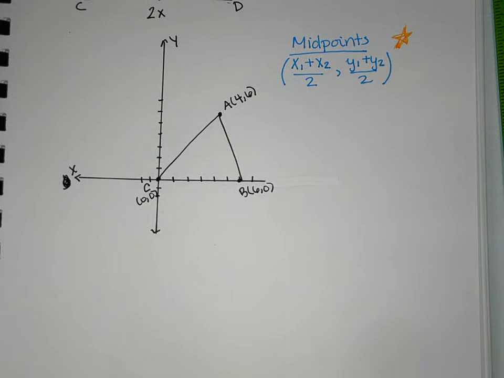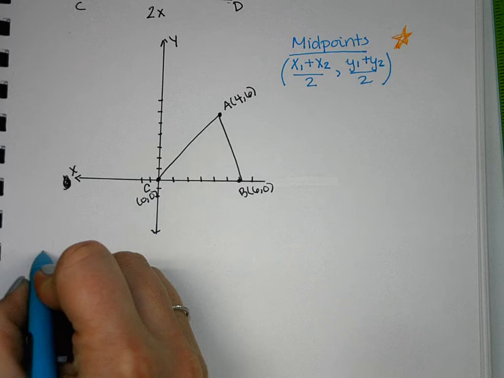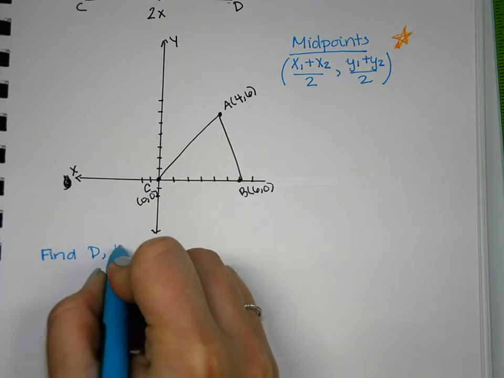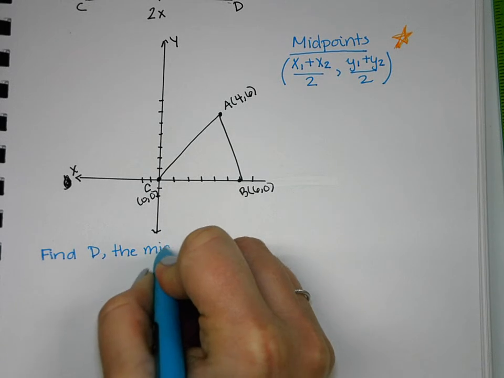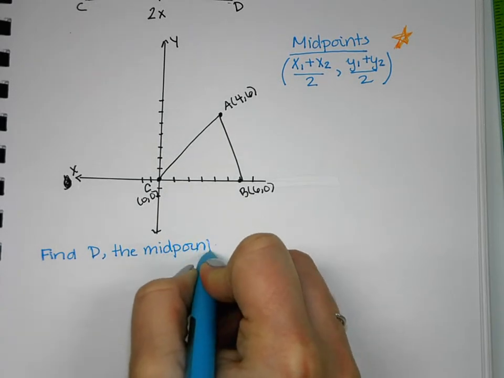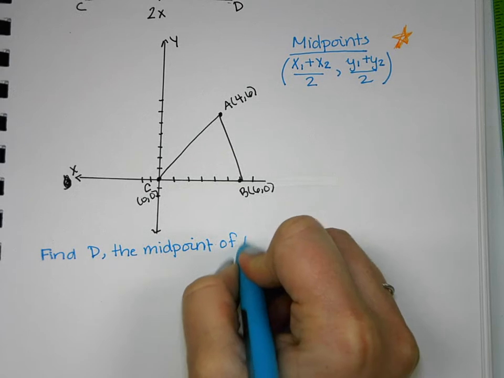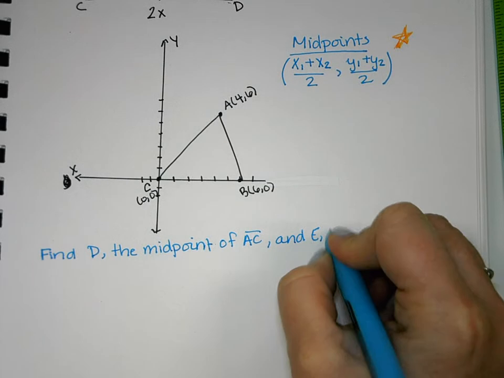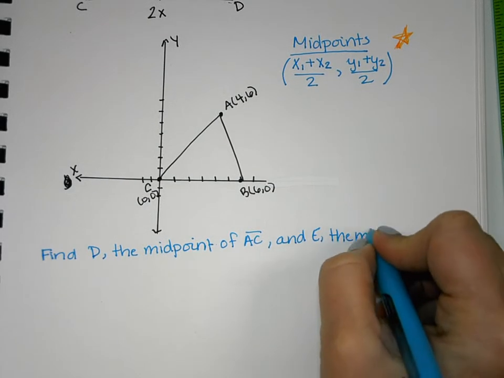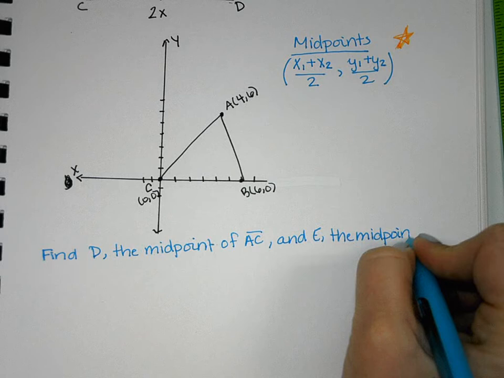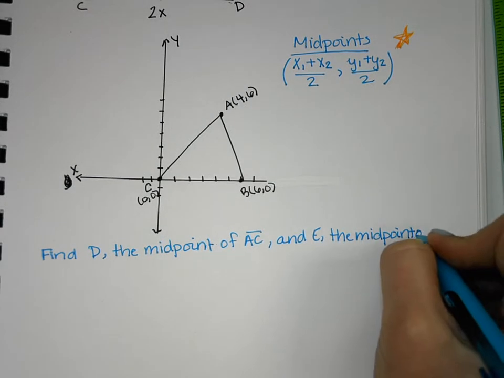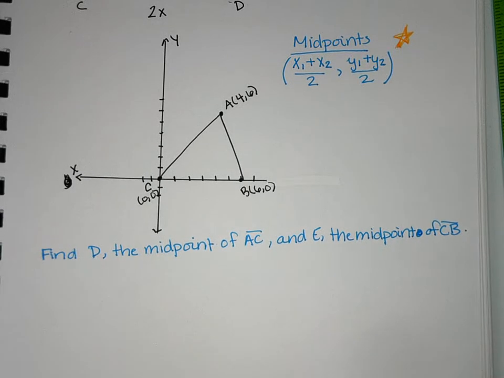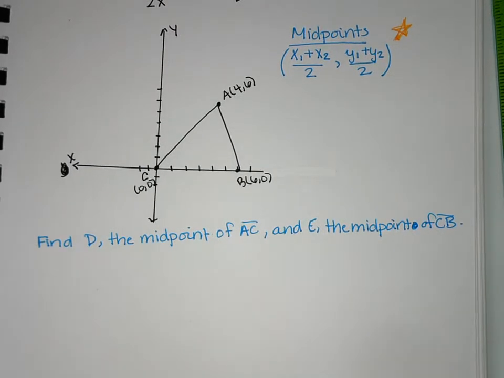So what we're going to do is the first type of question you're going to have, and it's going to say to find D, which is the midpoint of AC, and E, the midpoint of CB. So in other words, we're going to find our two midpoints.